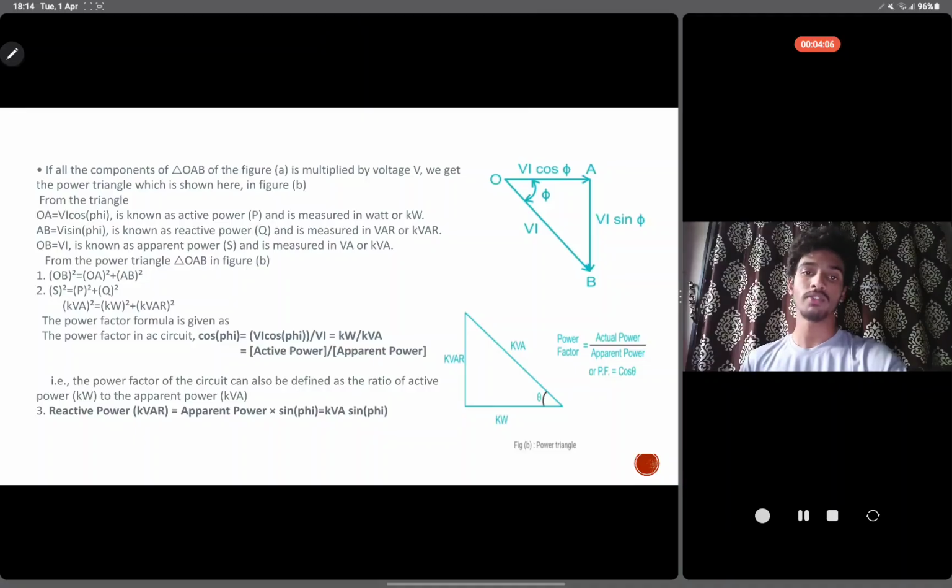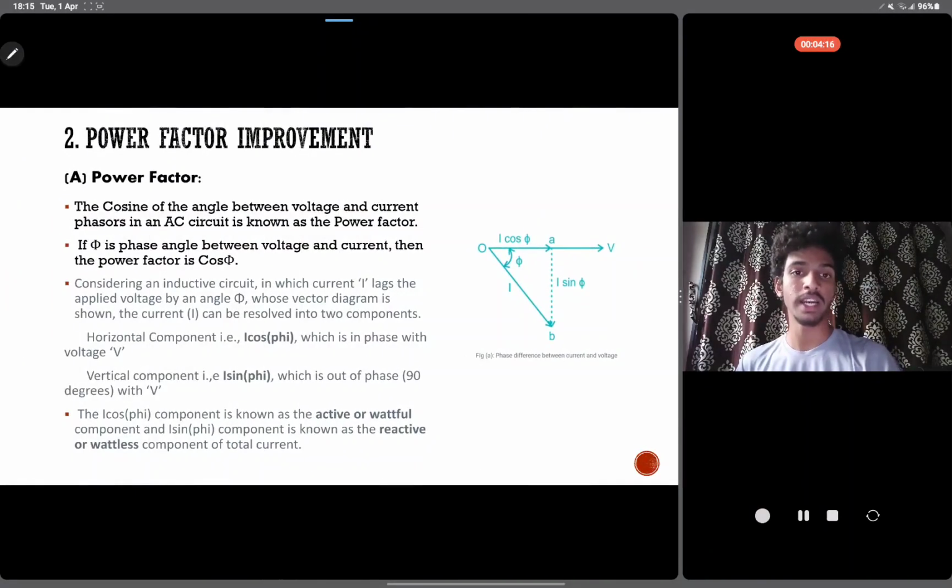If all the components of triangle OAB of figure A are multiplied by the voltage, from the previous slide we have known that we have resolved the current into two components.